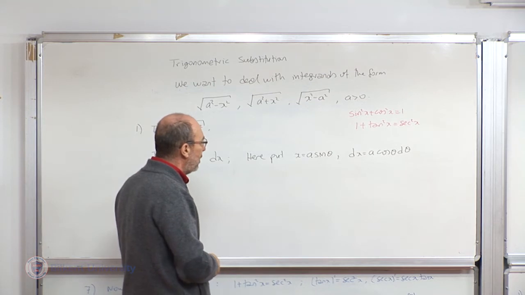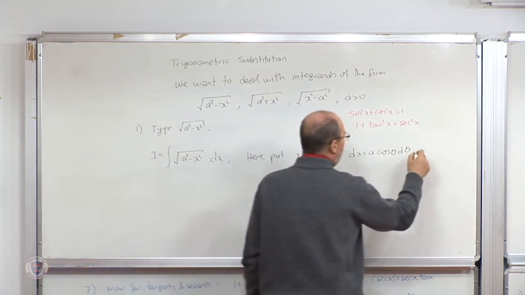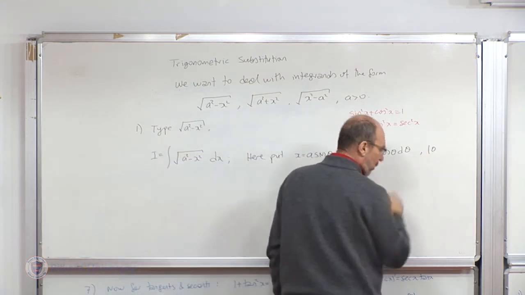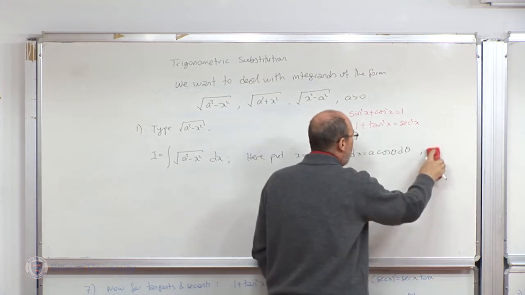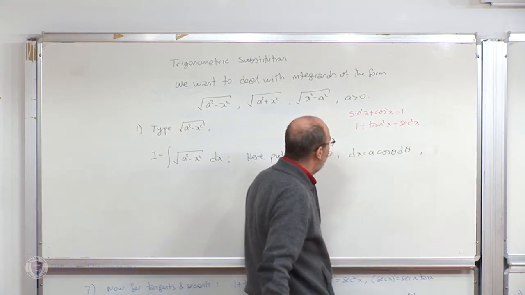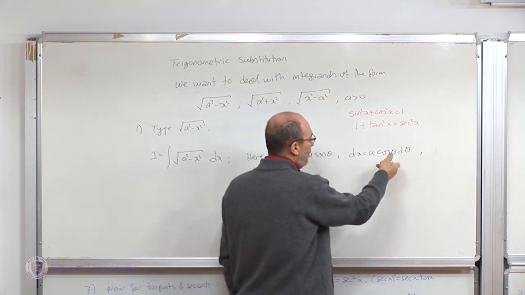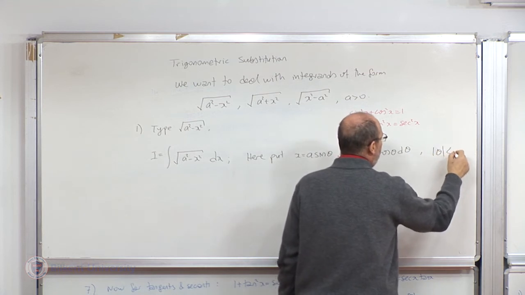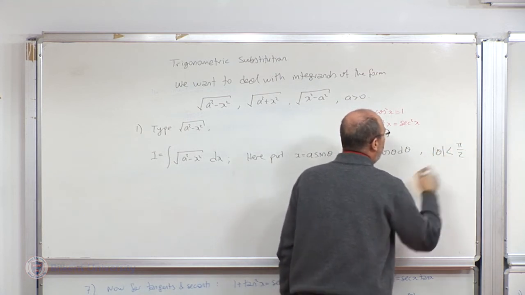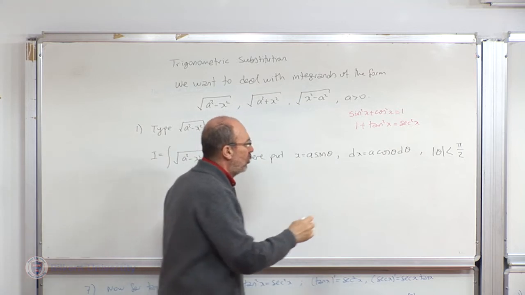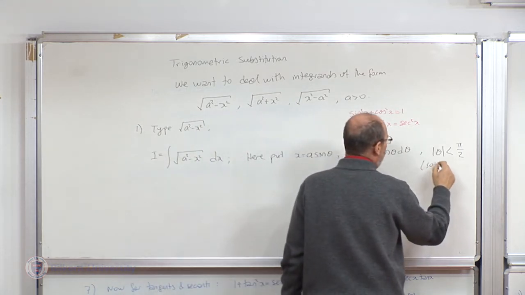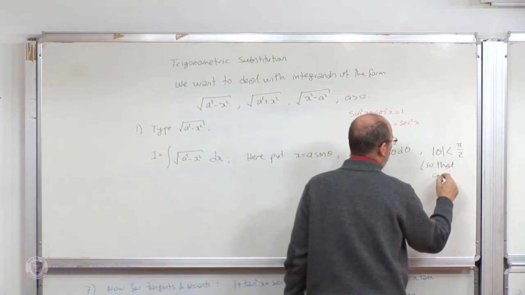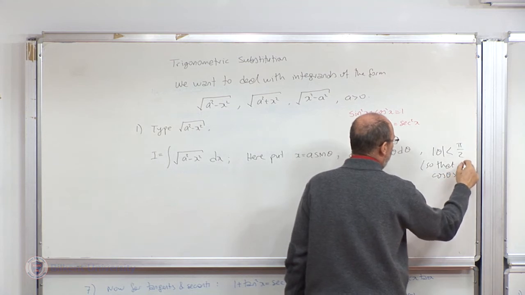Okay. So we want these things to be positive. So you can say let theta be between minus pi over 2 and plus pi over 2, so that this will be positive. Okay, so let theta be less than pi over 2. Okay, so this is so that cosine theta is positive.